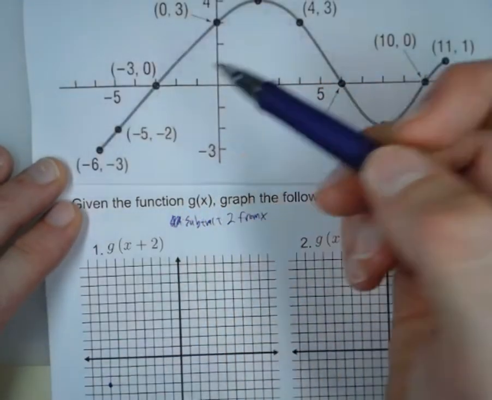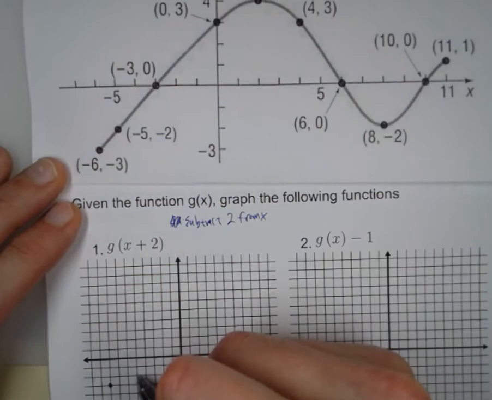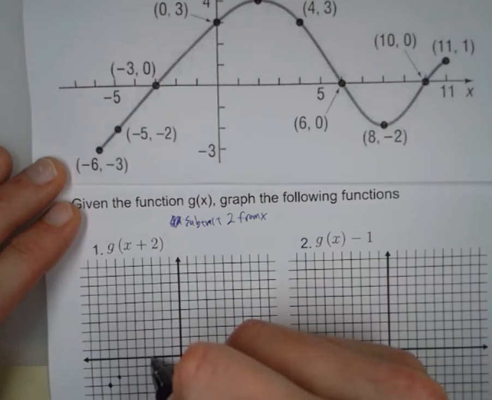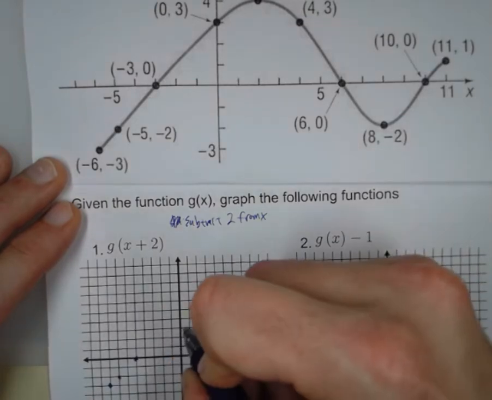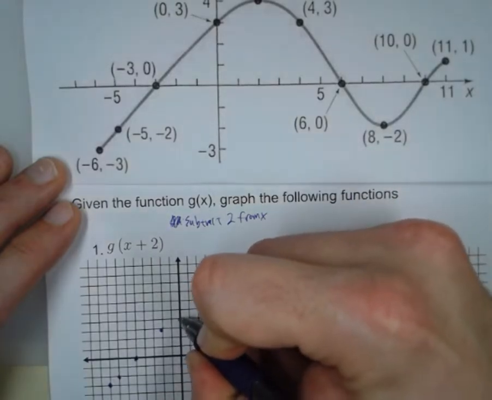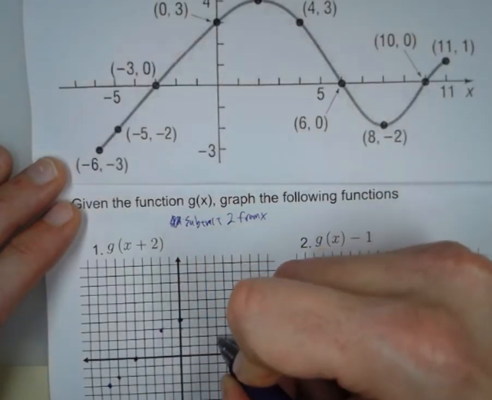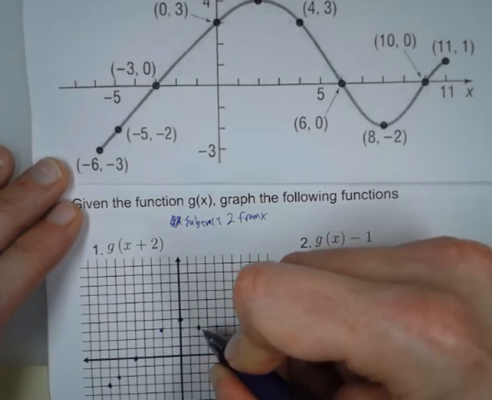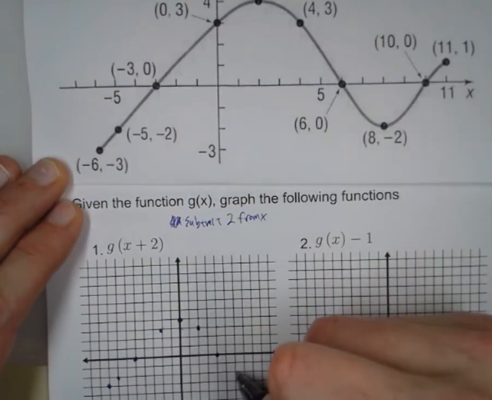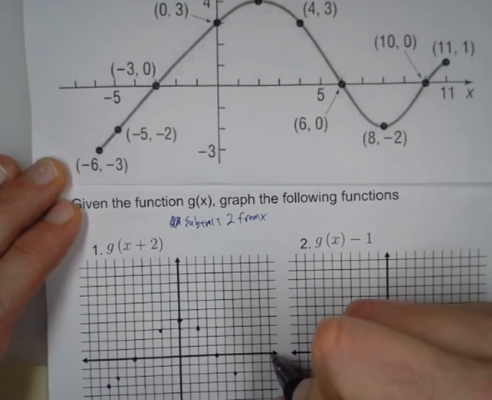And then this point was over here at -5, 2. This is going to go over 2 spaces. -3, 0 is going to go over 2 spaces. 0, 3 goes over 2 spaces. 2, 4 goes over 2. 4, 3 goes over 2. 6, 0 goes over 2. 8, -2 is going to go over. 10, 0 is right here.